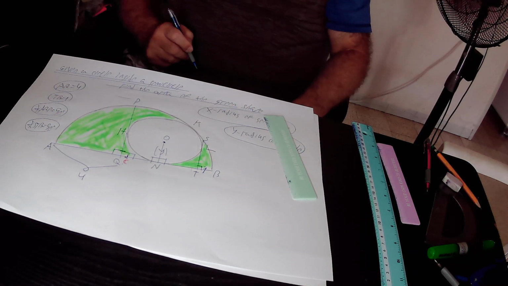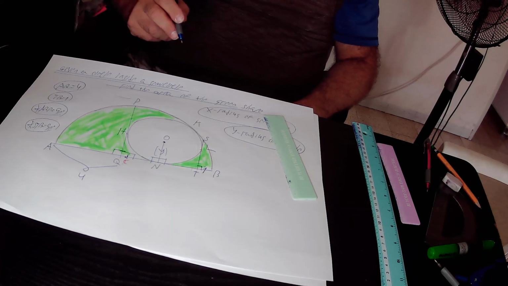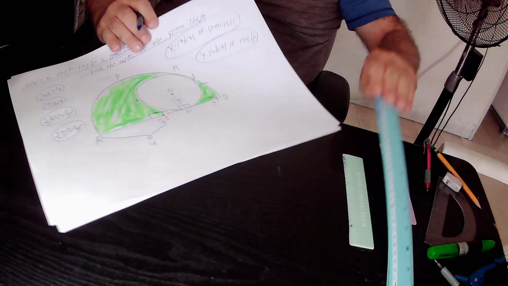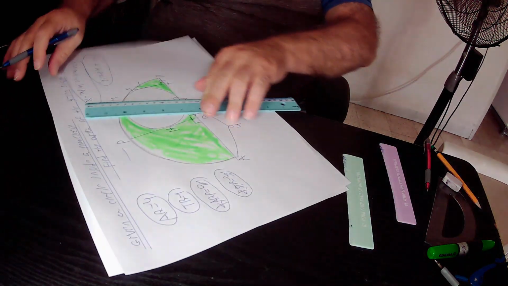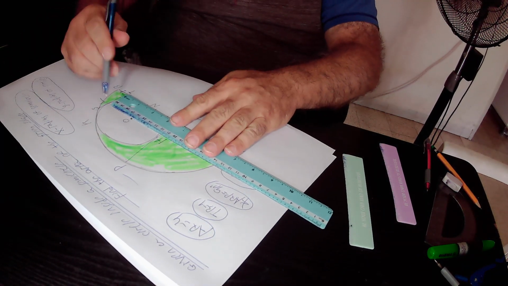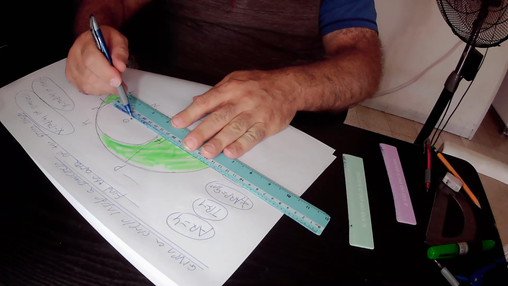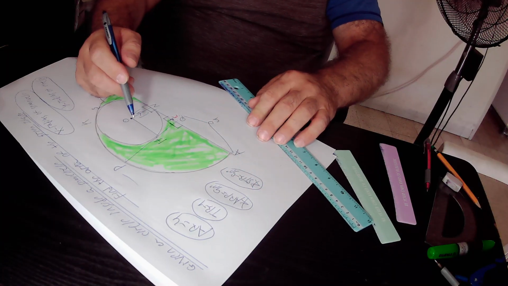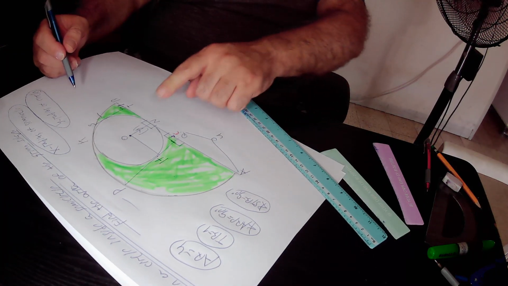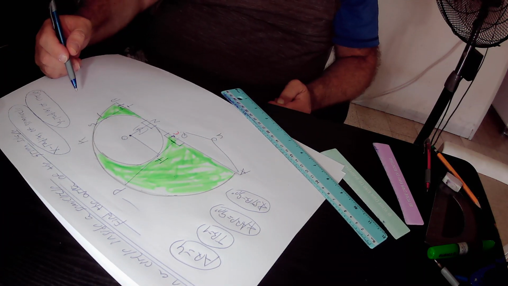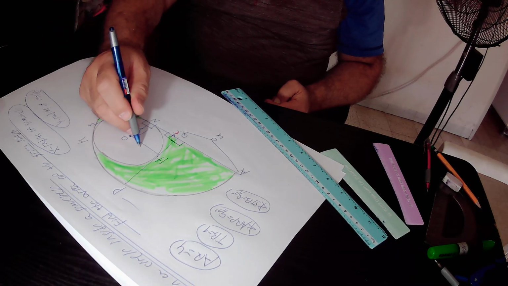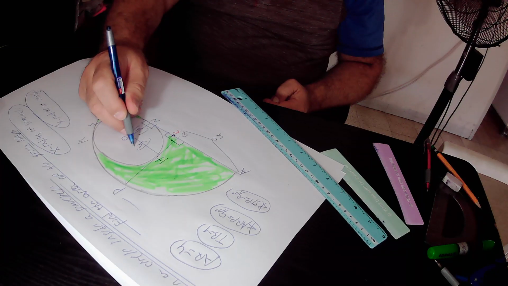In the next step, we join points O and H together by a straight line. OH is of course the radius of this small circle, that equals y according to our definition.